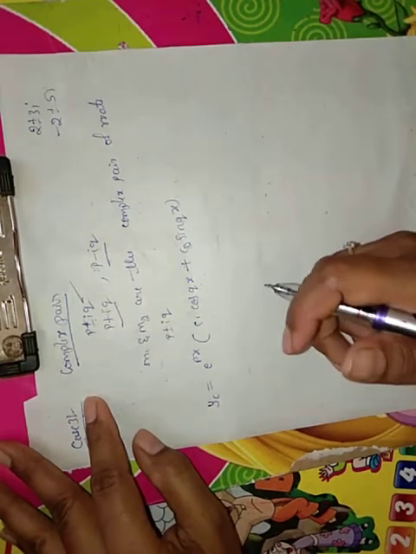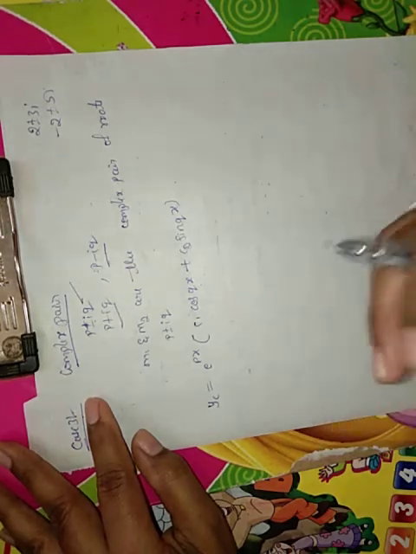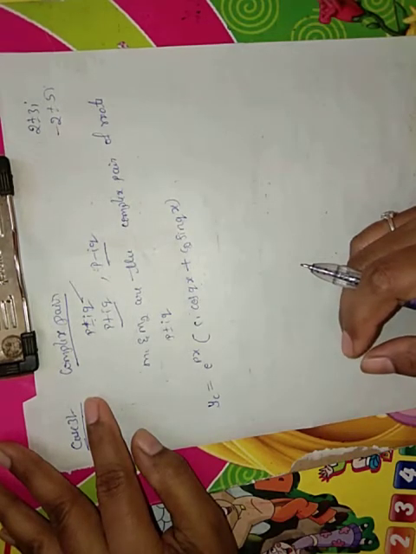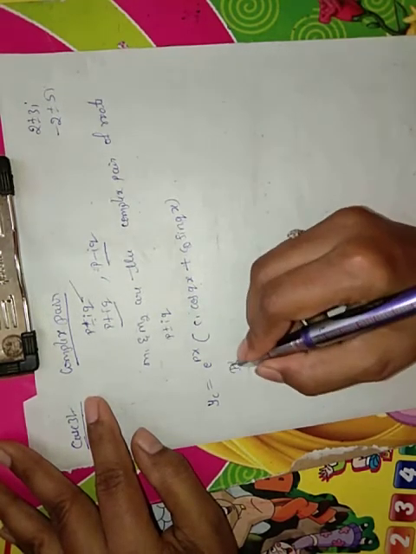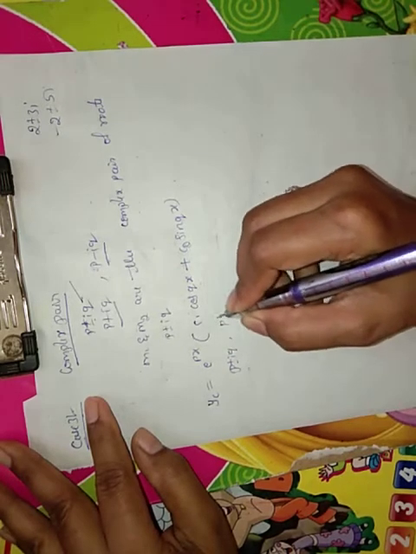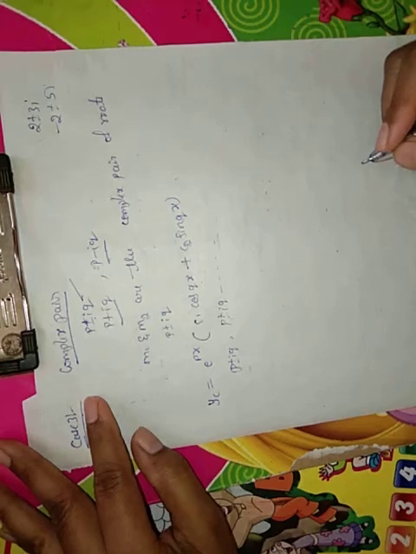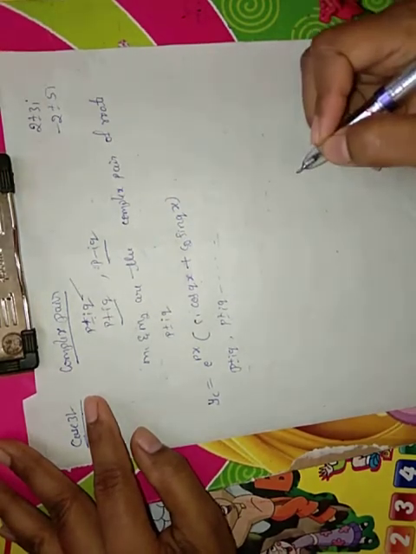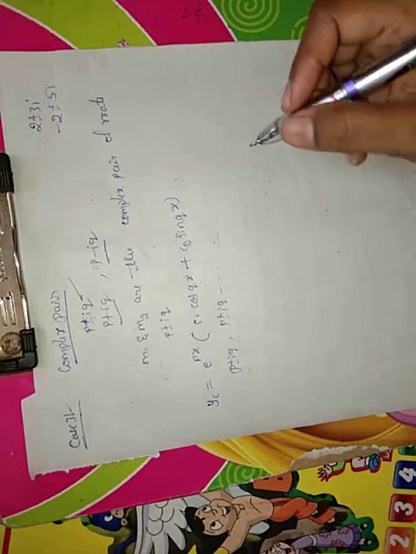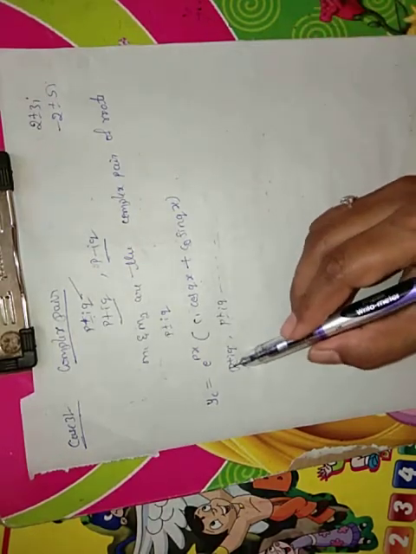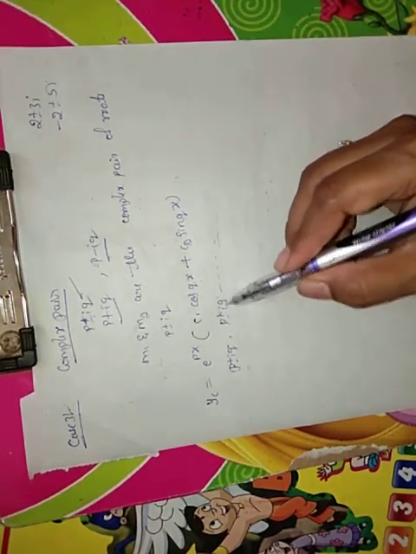In general, suppose the roots p plus or minus iq are repeated. Suppose the two complex roots are repeated: p plus iq, p minus iq, p plus iq, p minus iq.